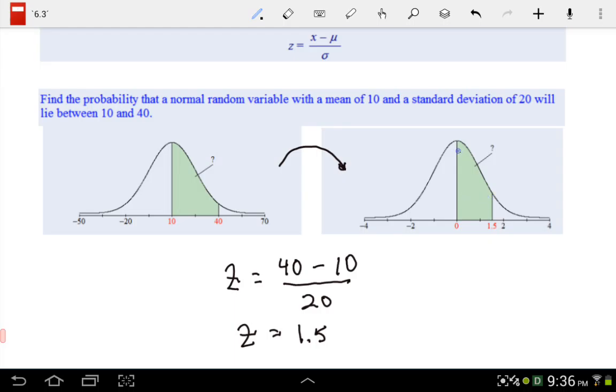What we could do, and I'm not going to do this in the video, is look up the area like we did in lesson 6.2, and the area would represent the probability. In each of these problems, I'll actually never get to the final answer because I'm not going to take the time to look up on the table the area between 0 and 1.5. That was lesson 6.2. It's fairly easy, and it takes a lot of time to look that up on the table. So I'm going to skip the absolute last step to get the answers.